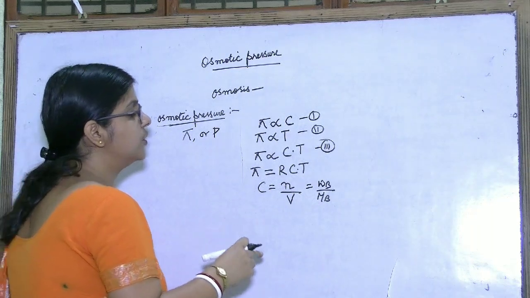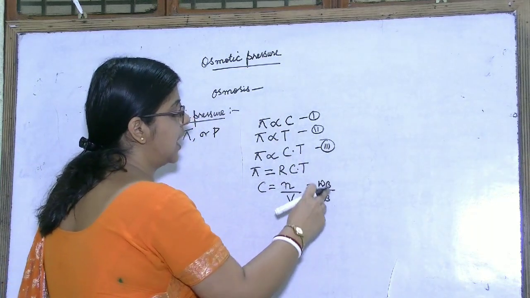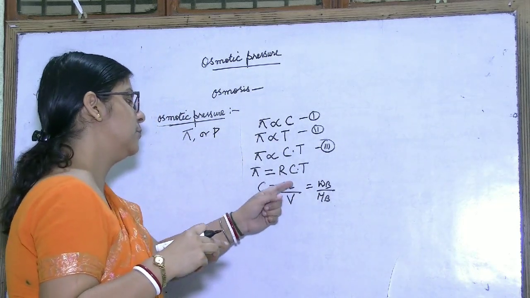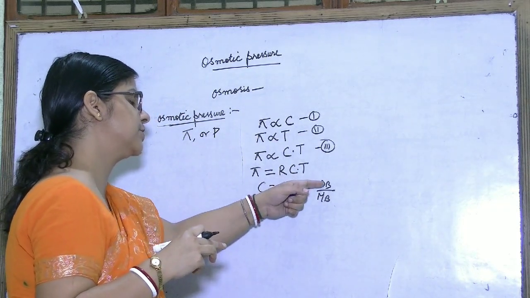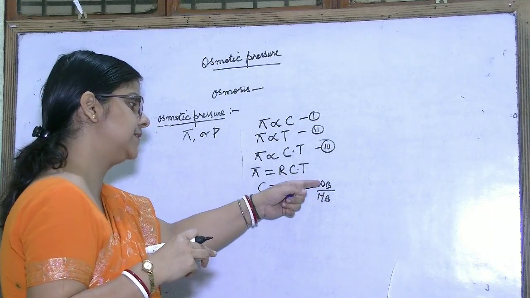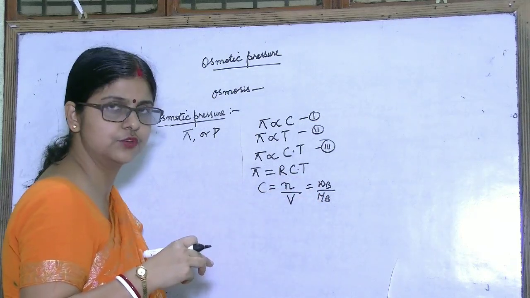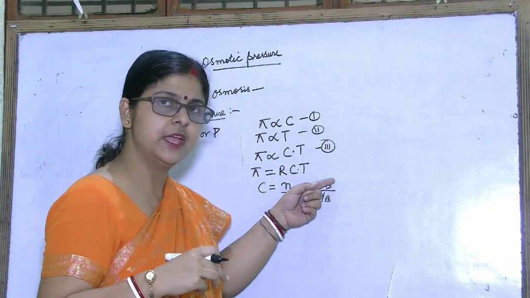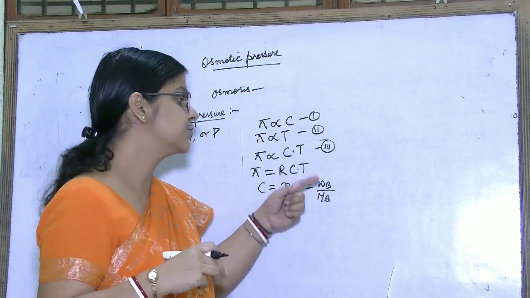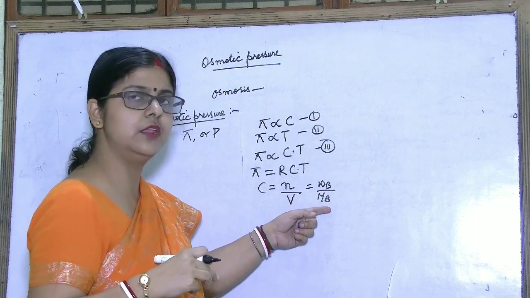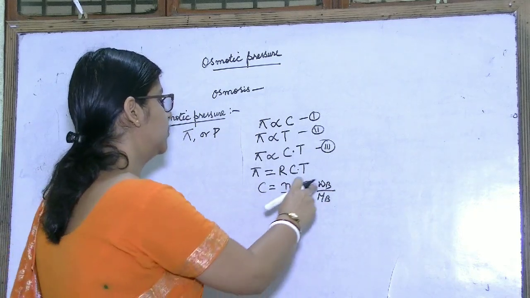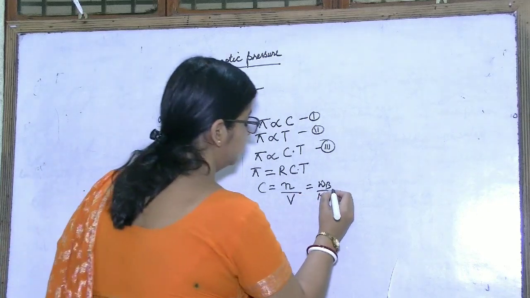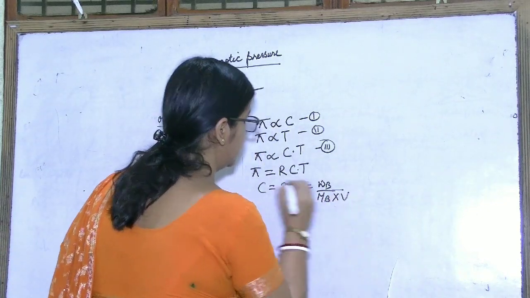For number of moles, we can write mass by molecular mass. Usually we represent solute by B and solvent by A, so I have written B over here. The number of moles of solute we have written as WB by MB, per unit volume V.